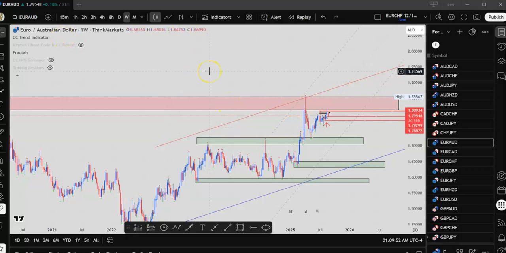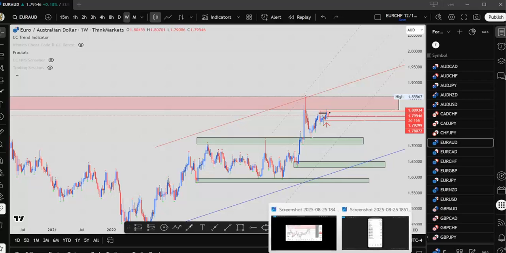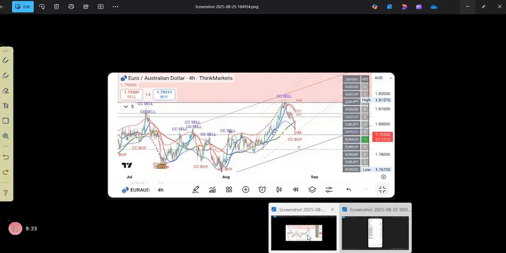All right, so I'm going to share with you guys what I saw this past day on the cheat code. I got this, which is to me my A+ setup using Vinnie's cheat code.